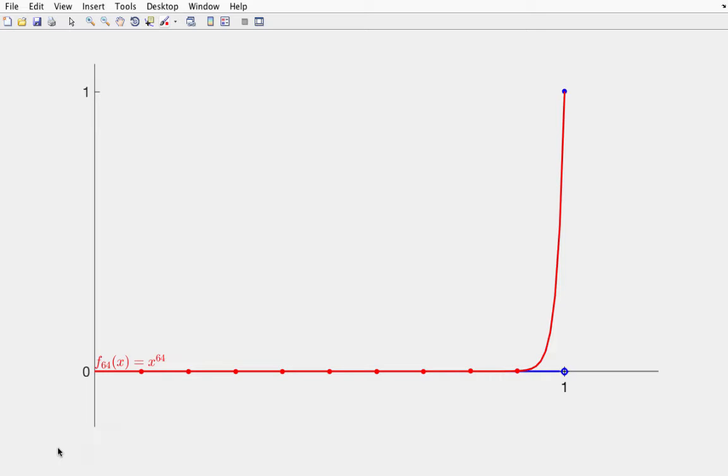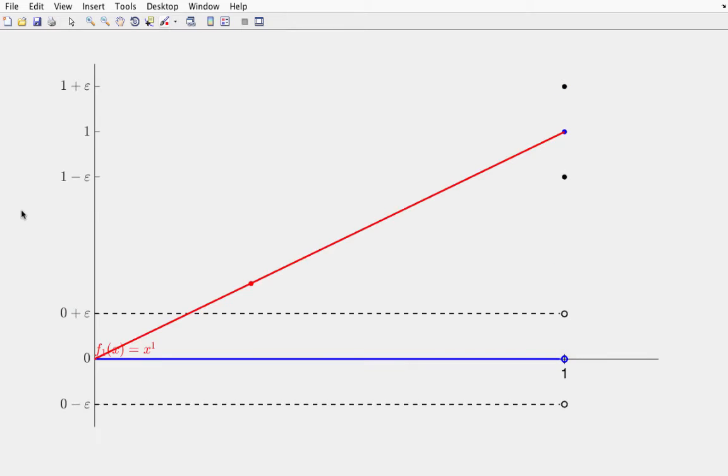But fn of x does not converge uniformly to f of x. Let's see and understand why. If I wanted to show that fn of x equals x to the n converges uniformly to f of x, illustrated in blue, I would have to show that there is some value n for which fn of x is completely within the dashed lines for all x less than 1 and between the black dots for x equals 1.